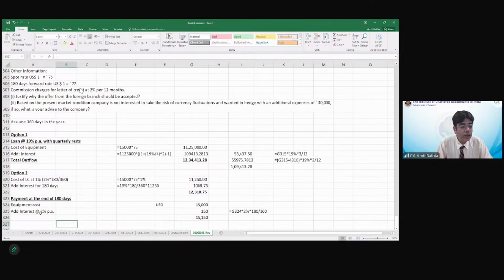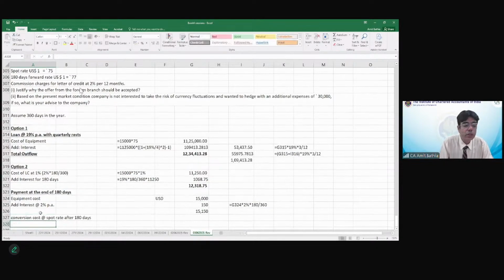Now I need to convert that, because you have not taken any forwards or futures over here, so obviously we'll have to convert at the spot rate after 180 days, which is 77. Right? So 150 into 77.